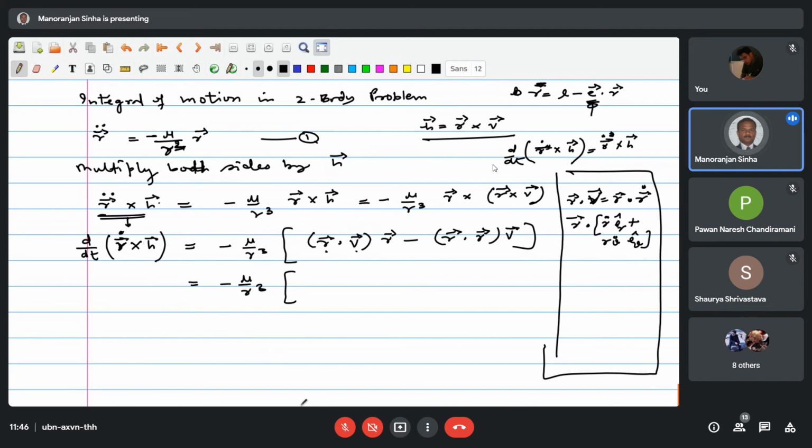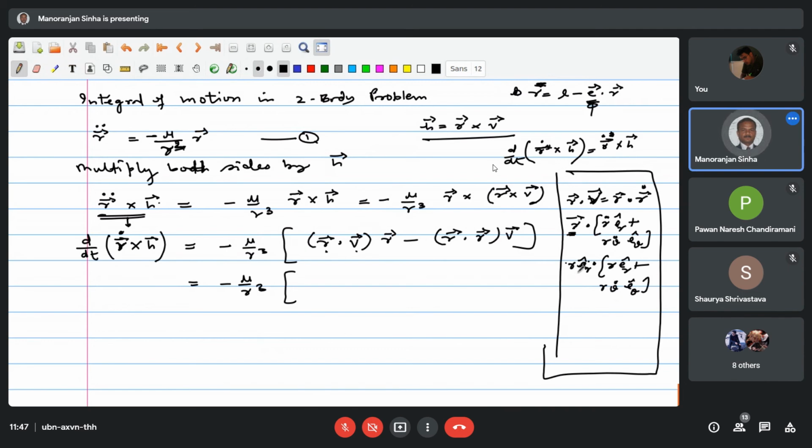The velocity has the normal component and the radial component, and the r vector you can write as r times e_r cap, and v as r dot e_r cap plus r times theta dot e_theta cap.